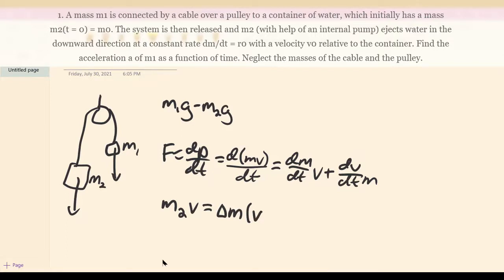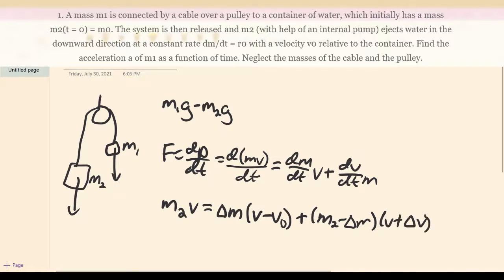water is v minus v0, because v0 is the velocity of the water relative to the container. Then this is added to the mass of m2, which is now m2 minus delta m, multiplied by v plus delta v. And delta v is the new velocity because it has changed after the mass changed.